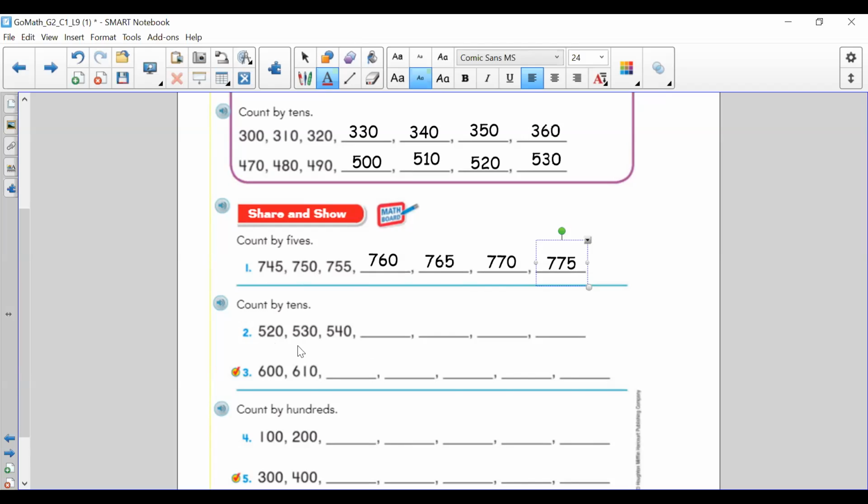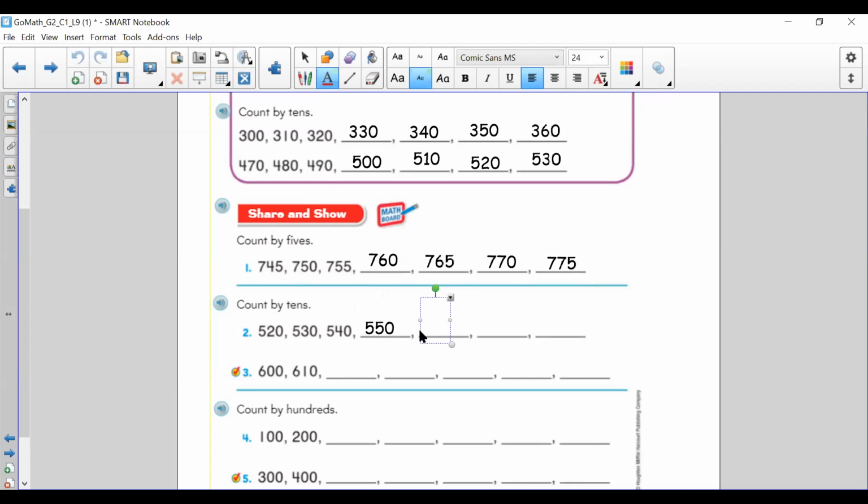Okay, so counting by tens, it looks like we're starting with a 20, and then we have 30, and we have 40. But let's look at the hundreds. It's 520, 530, 540. So what 10 comes after 40? That's right, it's 50. So it's 550.